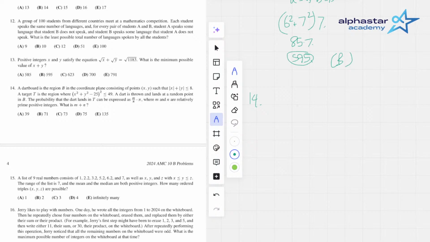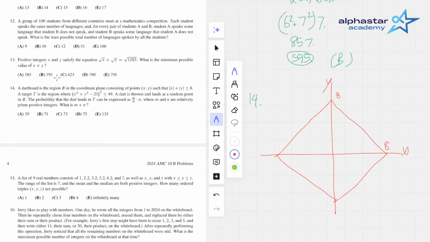A dartboard such that this... Okay, let's draw this out. So you have this dartboard. And then a target is the region where x squared plus y squared minus 25, all squared, is less than 49.